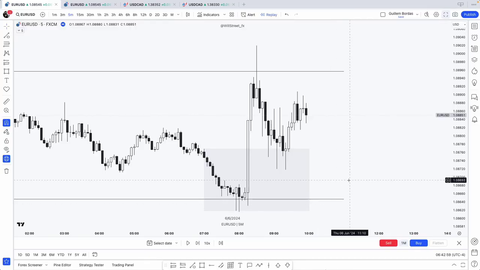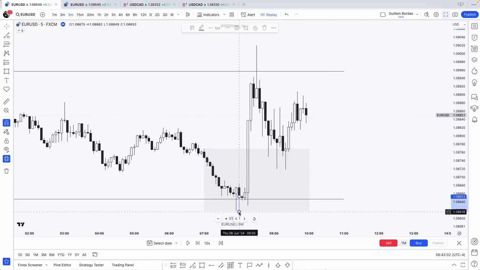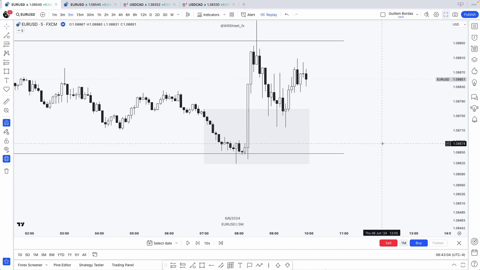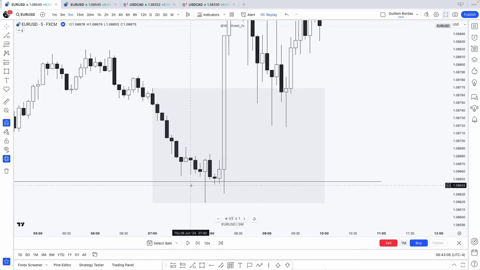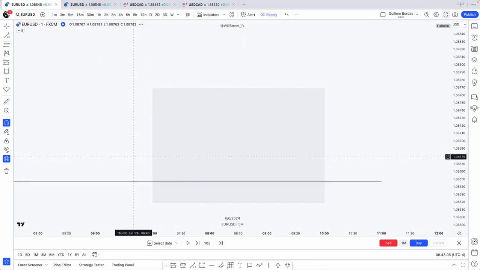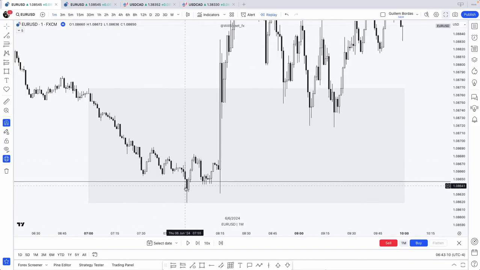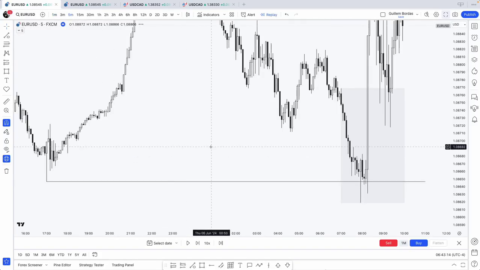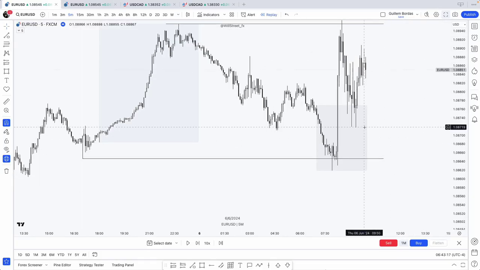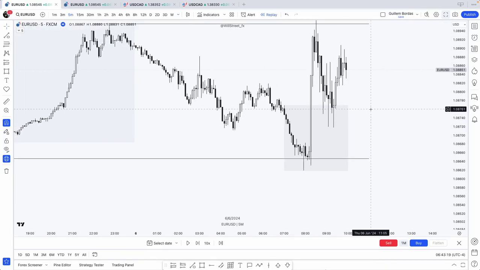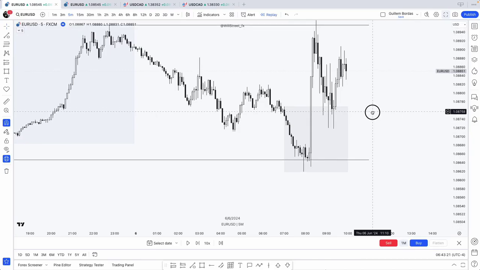What is our longs? Remember, this doesn't exist. We see an order block here. No, maybe if we're going to 1 minute, this is the order block here, this one, but I rarely go to 1 minute time frame, to be honest.